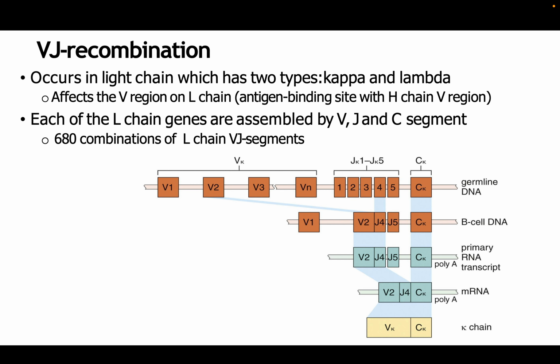So as we said, one layer that gives high diversity to your B cell receptors is the VDJ recombinations. You have so many different recombinations that you can do, which gives you different B cell receptors that are able to bind to different things.